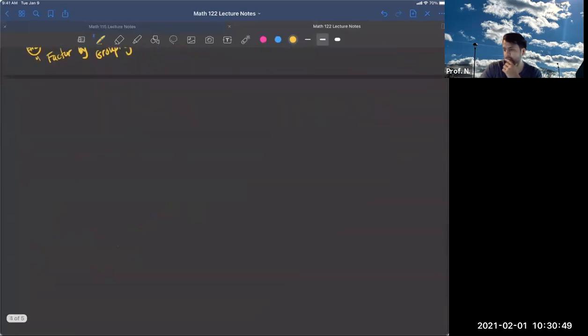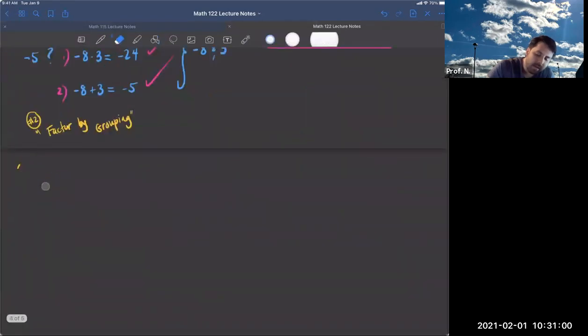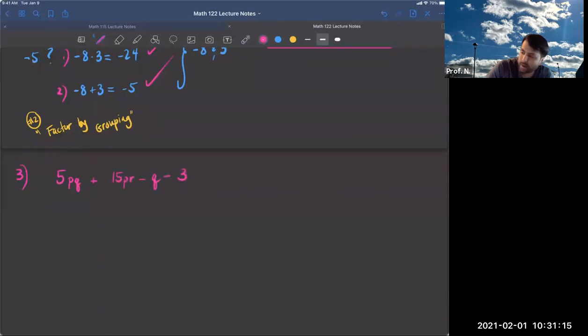No questions. Okay, great. Let's do one more of these factoring. The next one is this one, 5PQ plus 15PR minus Q minus 3R.